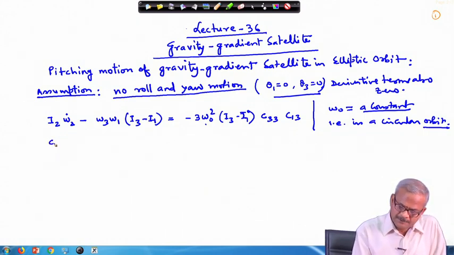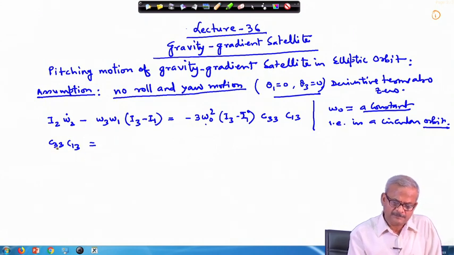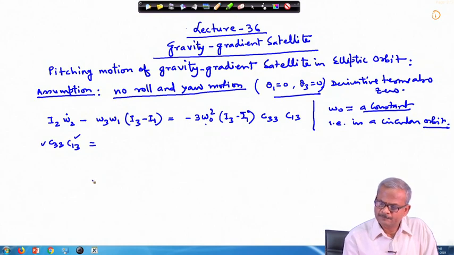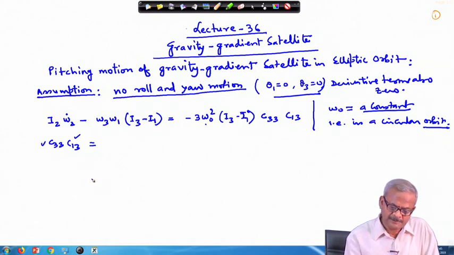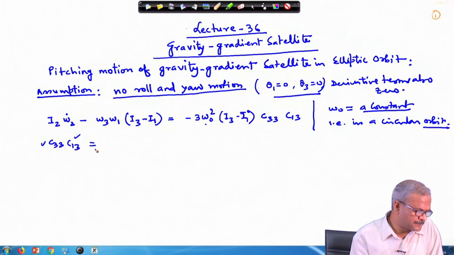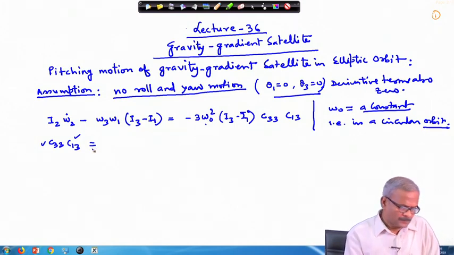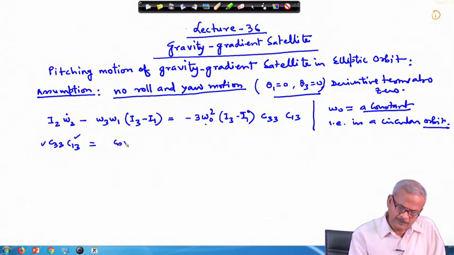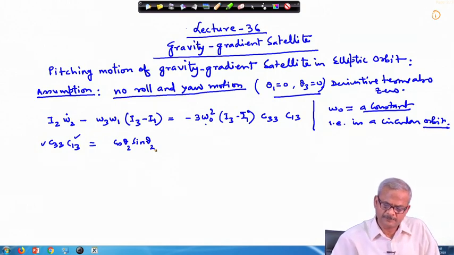Now, already we have observed that C 33 and C 13, this quantity, is coming from the third column of the direction cosine matrix. So, we need to insert this term. This term we have approximated as cos theta times sin theta, so I will put theta 2 here.